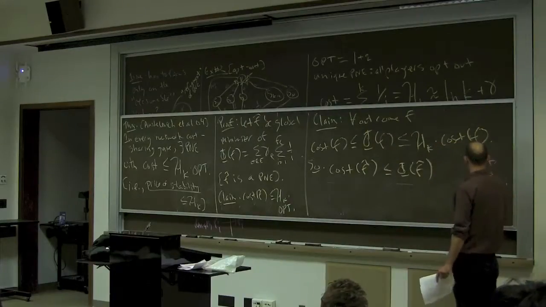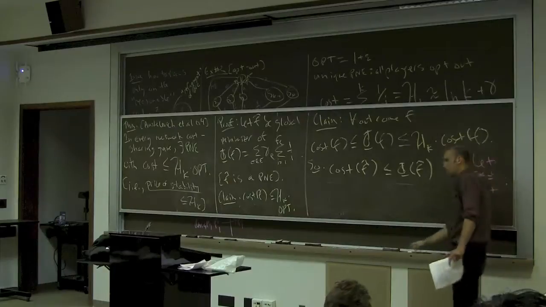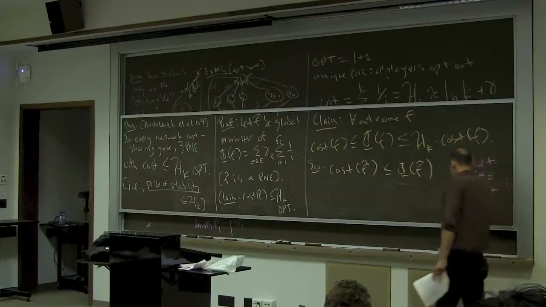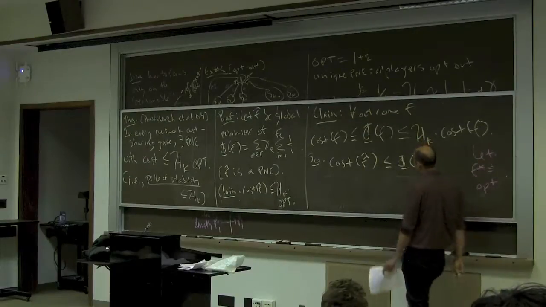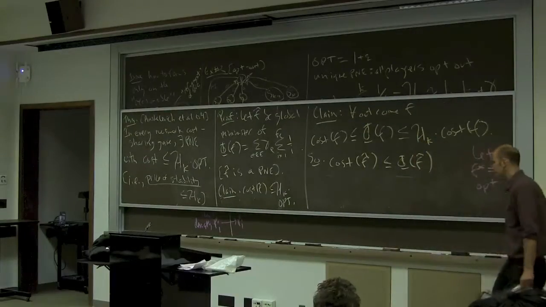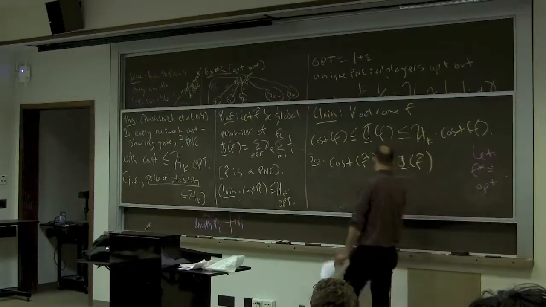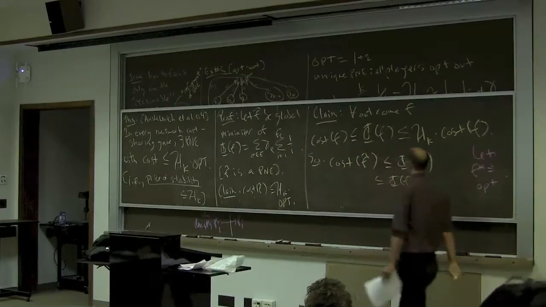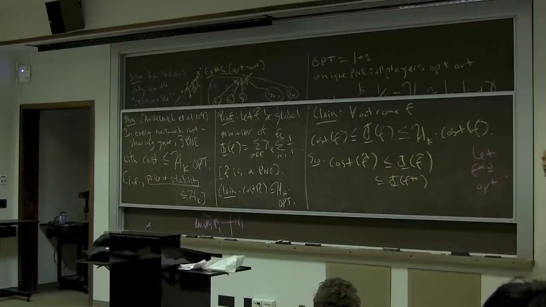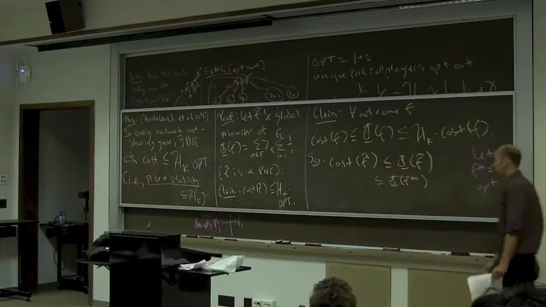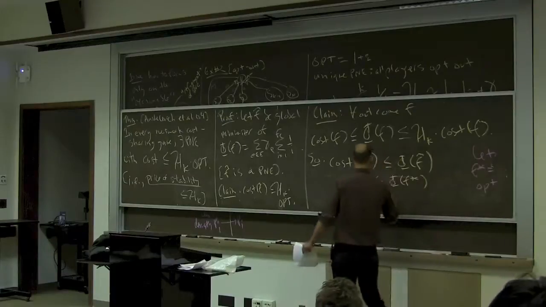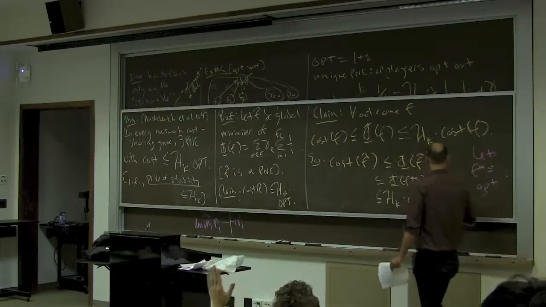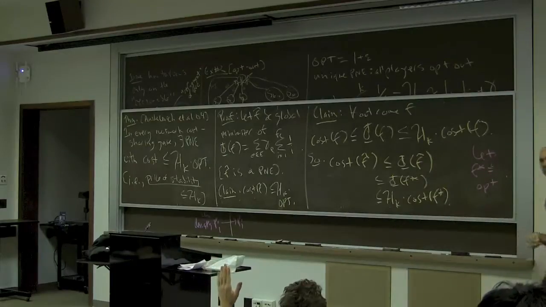As usual, let f star be an optimal solution, one that minimizes the objective function we care about, the cost. By definition of f hat, it has smaller potential than anybody else, in particular smaller than f star. And the potential of f star can be upper bounded by H sub k times its cost. Okay, so that's the proof.